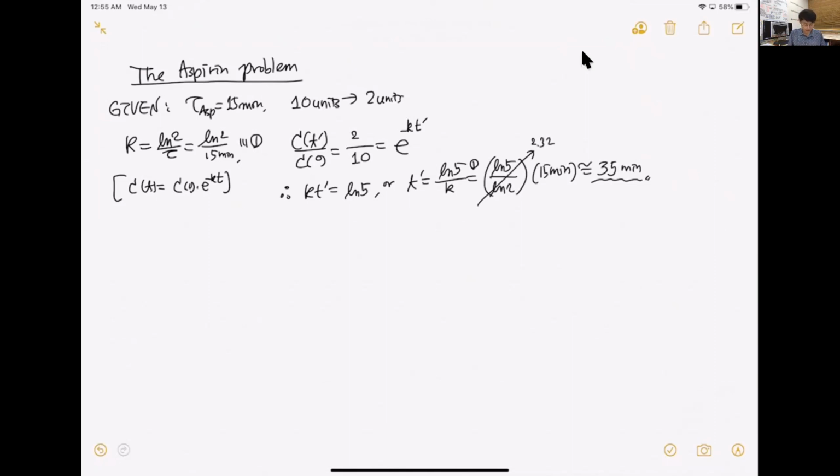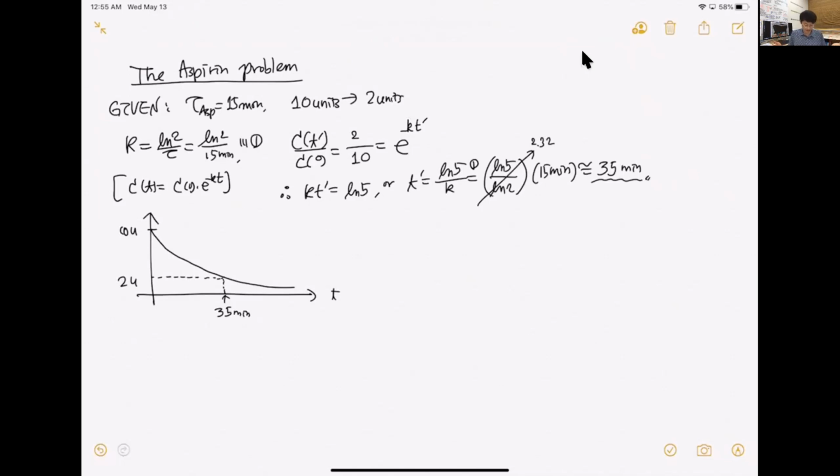If I write it down in this graph, 10 units exponentially decays and becomes 2 units, and it takes only about 35 minutes. Of course, the half-life is 15 minutes. So how come aspirin can last for several hours?